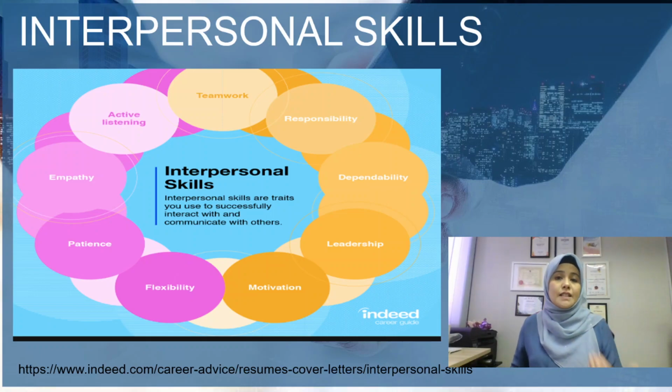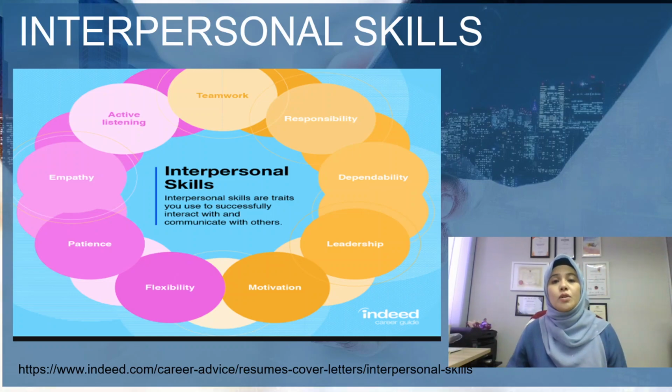Empathy and active listening. These are the two things that are very important in everybody's life, especially if you want to have effective interpersonal communication with others.